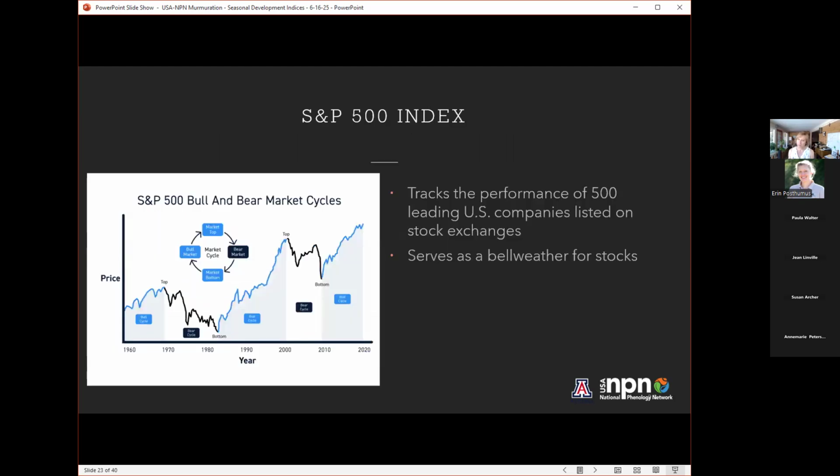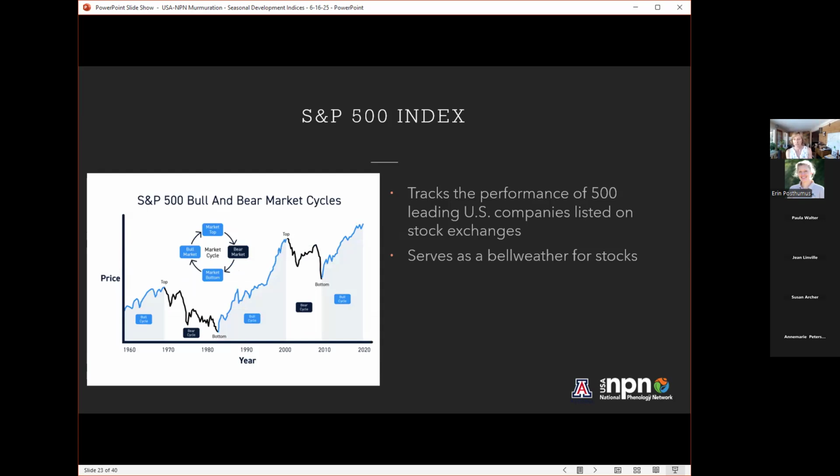Another one that we hear about in the news a lot is the S&P 500 index, which is, again, a composite measure that is supposed to tell us how the stock market is doing. It's a composite of 500 leading companies on the stock exchange. Instead of tracking all 500, because they're all doing their own independent things and nobody can think about 500 things at once, we mush them all together.